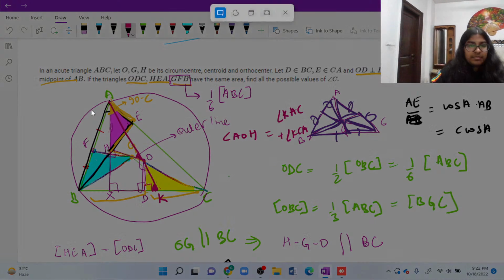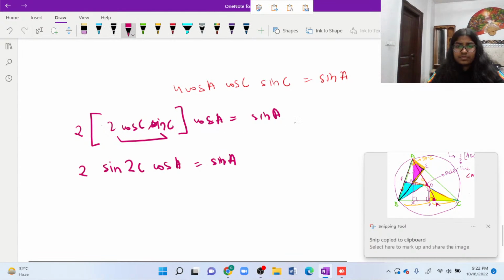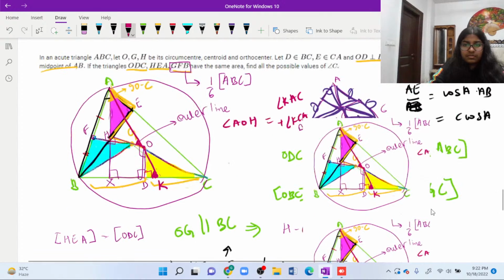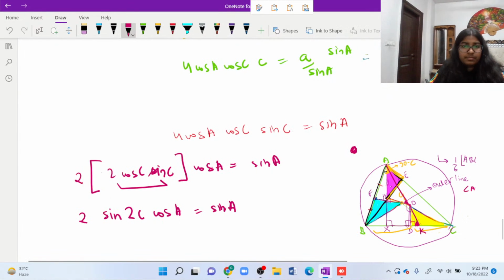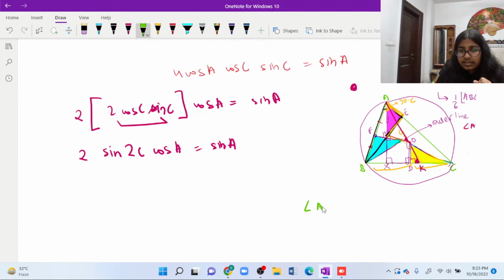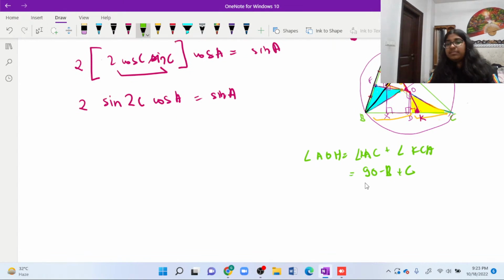I'll just copy paste the figure. So angle AOH equals angle KAC plus angle KCA, and angle KAC is just 90 minus angle B, and KCA is just angle C, and so angle AOH is 90 plus C minus B.